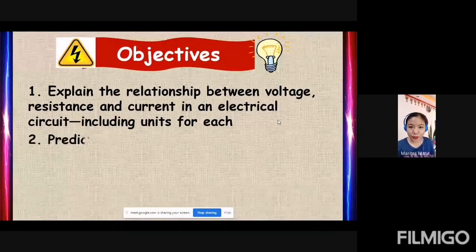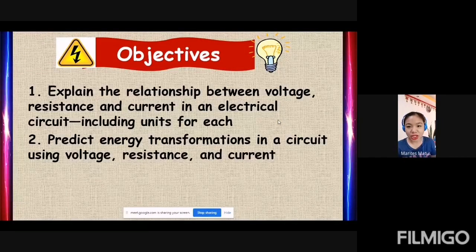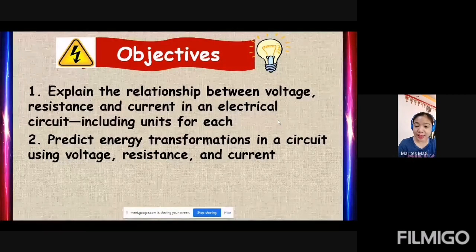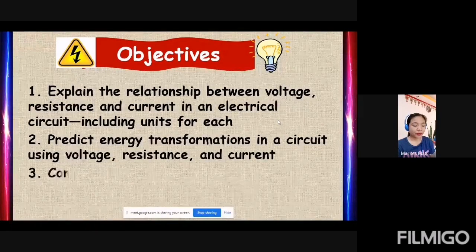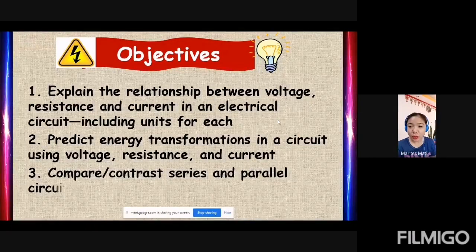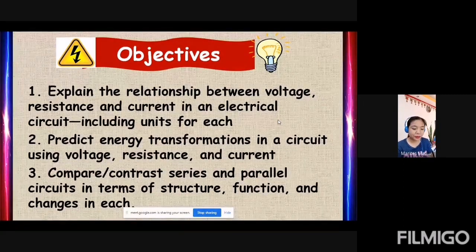Number 2, we will predict energy transformations in a circuit using voltage, resistance, and current. Then, number 3, we will compare and contrast series and parallel circuits in terms of structures, functions, and changes in each.